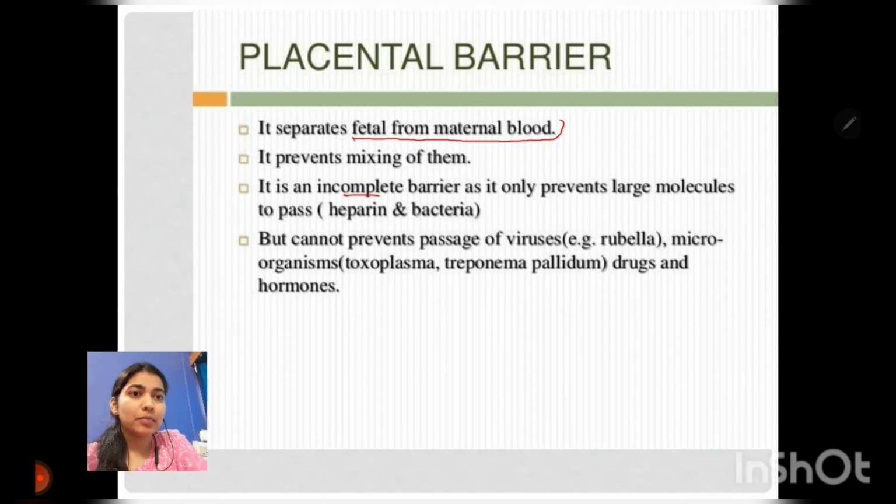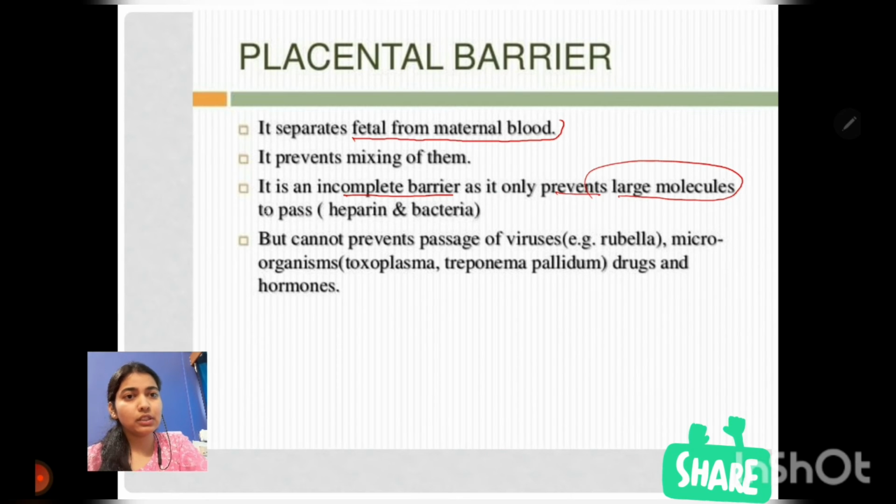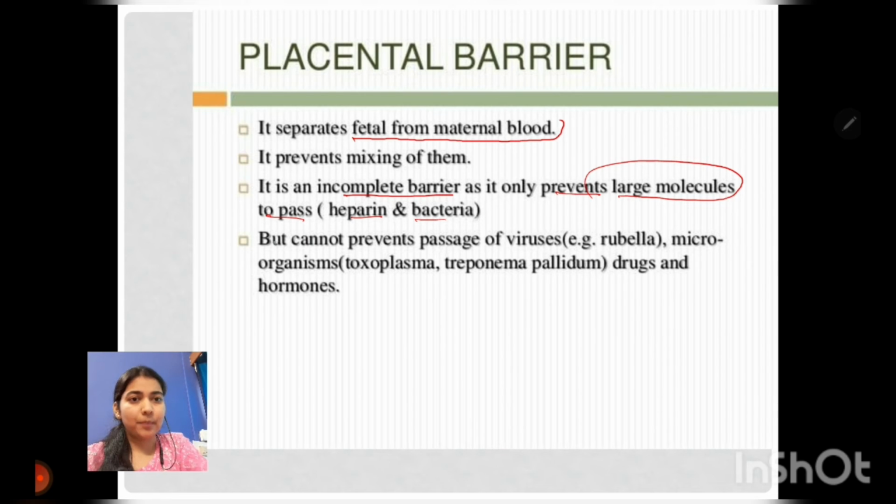It is an incomplete barrier as it only prevents large molecules like heparin and bacteria from passing, but cannot prevent the passage of some viruses like rubella, organisms like toxoplasma, Treponema pallidum causing syphilis, and some drugs and hormones. So TORCH infections can occur in the fetus because the barrier allows these viruses and organisms to pass into the fetal circulation.